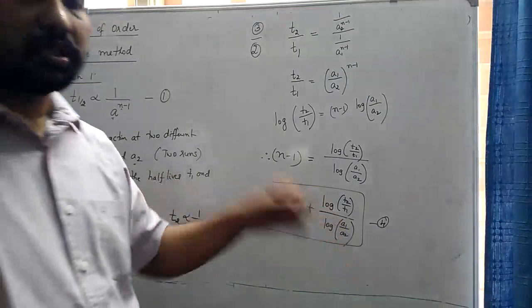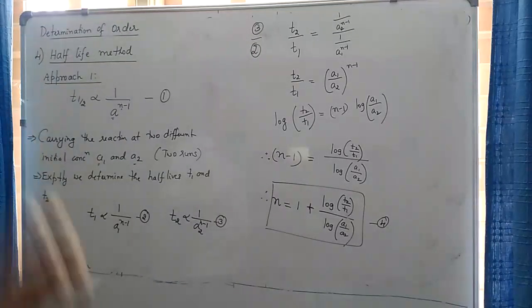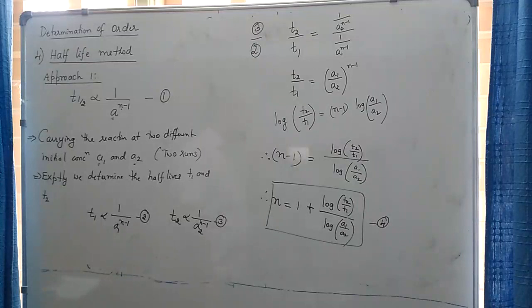As you can see, you require only two data, T1 and T2 at concentrations A1 and A2. So this method is less time consuming, but it is less accurate. It may become less accurate because we are handling only two data.